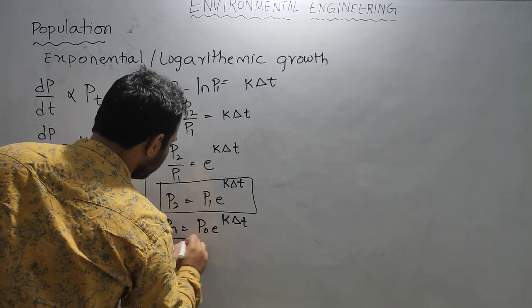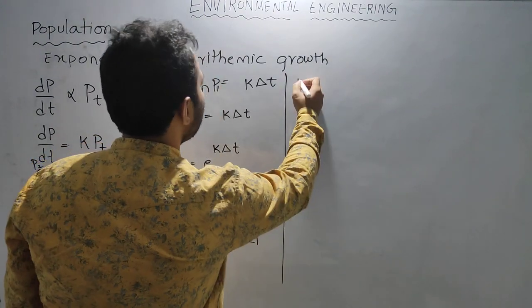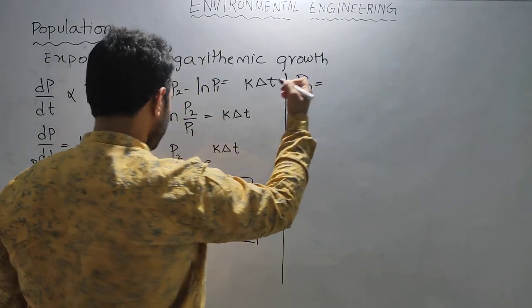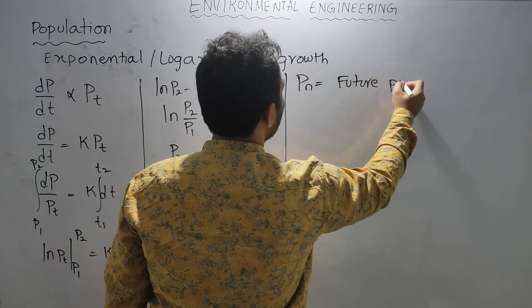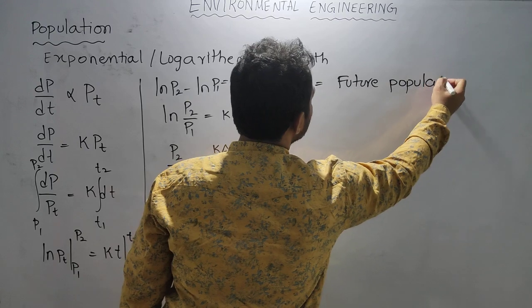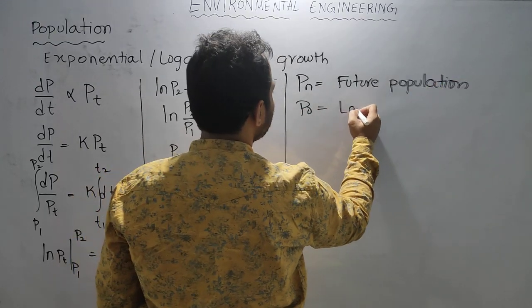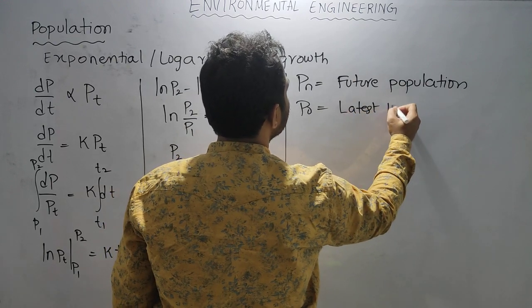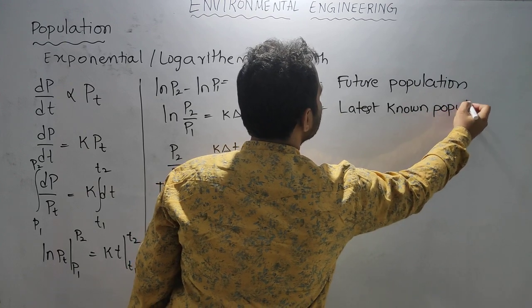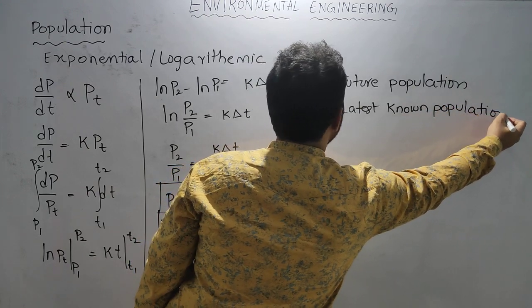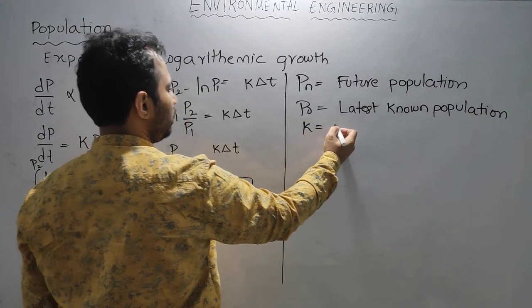We can also write the same equation where Pn is the future population, P naught is the latest known population, and k is the rate constant.